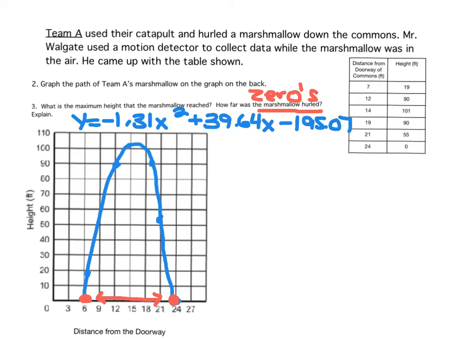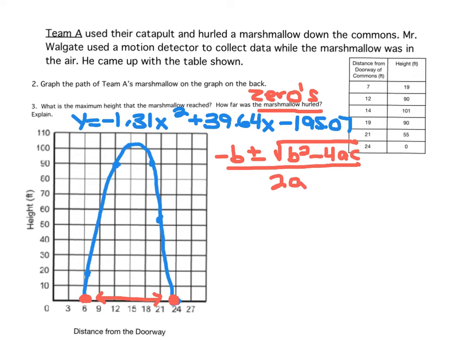Looking at that, it's not one that I think I want to factor or complete the square, and it does have a b value. So I would say that we go ahead and use our quadratic formula. So let's use the opposite of b plus or minus the square root of b squared minus 4ac, all divided by 2a. And let's solve for our two zeros to find out how far it's actually been hurled.